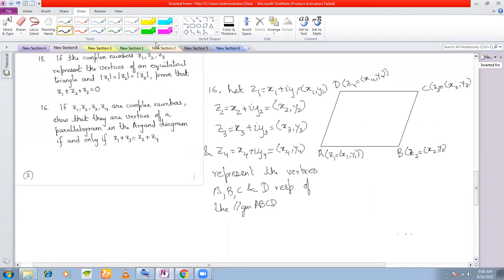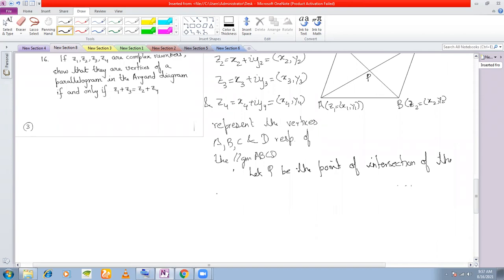Now, if I join the diagonals of this parallelogram, and call P as the point of intersection, I say let P be the point of intersection of the diagonals AC and BD, such that, let us call this P as a point Z5.